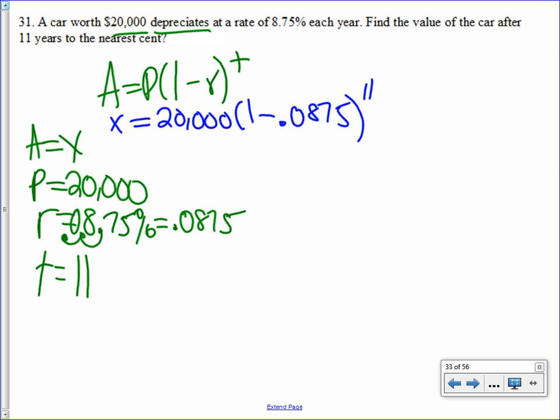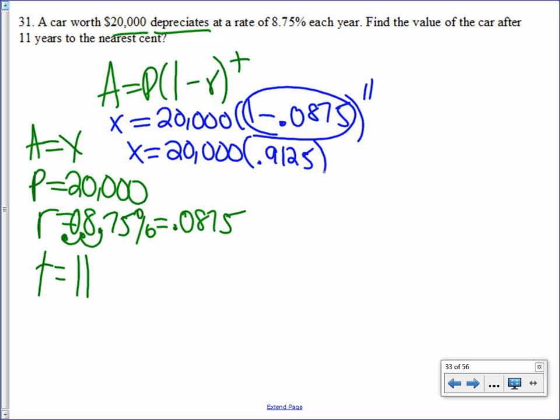I always want you to do what's in the parentheses first. Use a calculator if you need to. In fact, I insist, use a calculator. 1 minus 0.0875 is 0.9125. And from here, type the whole thing into the calculator.